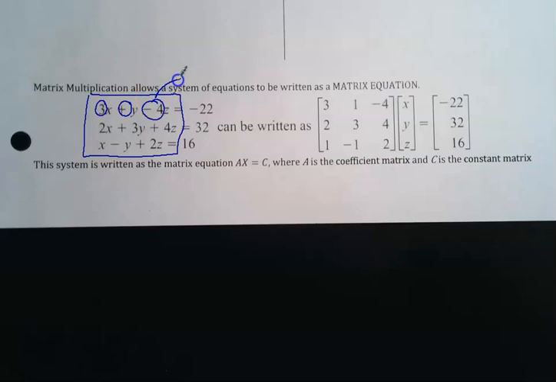So we're pulling out the coefficients. And we're putting them into this matrix, which is why it's called a coefficient matrix. Okay, so this first part is called a coefficient matrix.